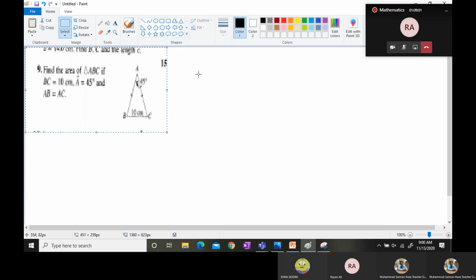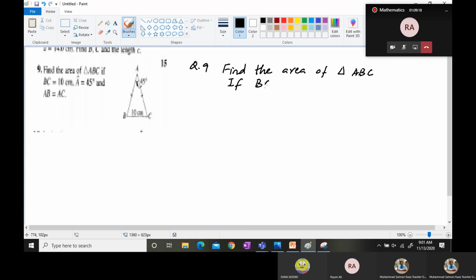Now this question says, wait a second. Question number 9, and it says find the area of triangle ABC if BC is 10 centimeters, angle A is 45, and AB is equal to AC.